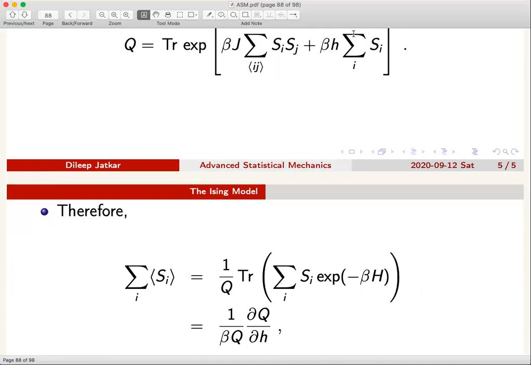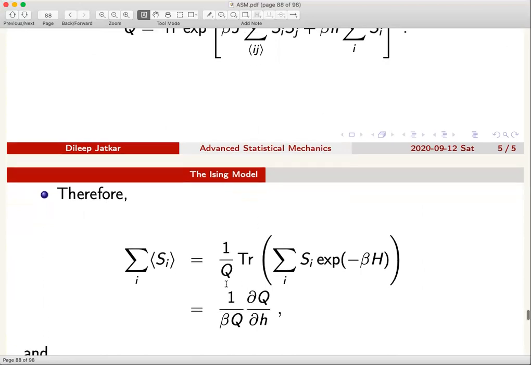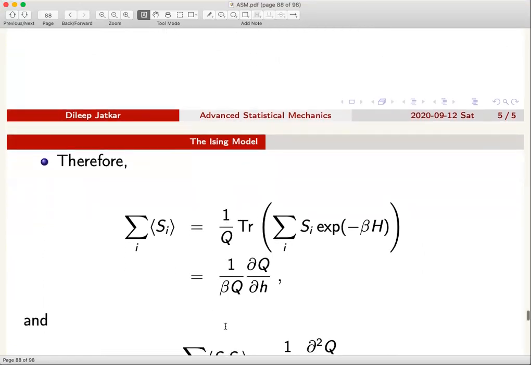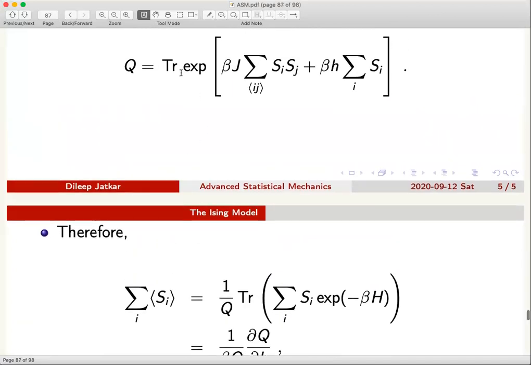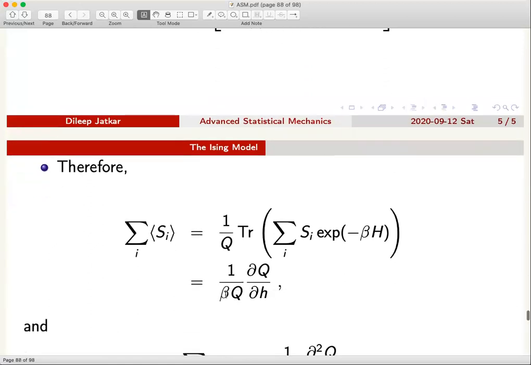If you differentiate that, you can just pull this quantity down. Of course it will pull the beta down, so you need to compensate for that. So you write down 1 over beta times 1 over Q, so that you don't have the Q factor contributing. It gives you a correct normalization of the system, del Q by del h.